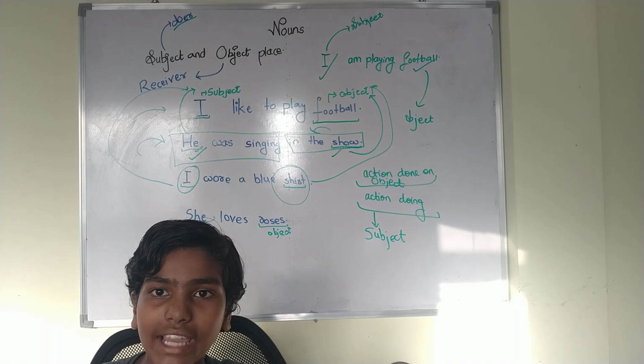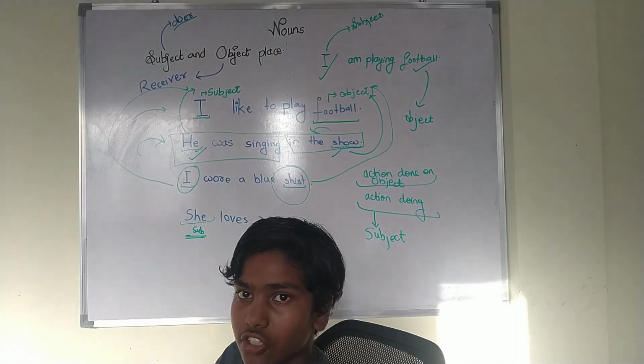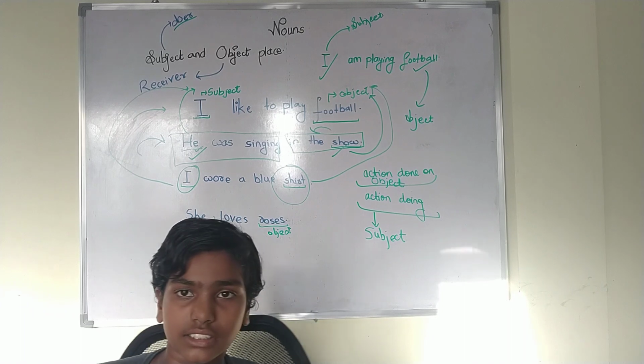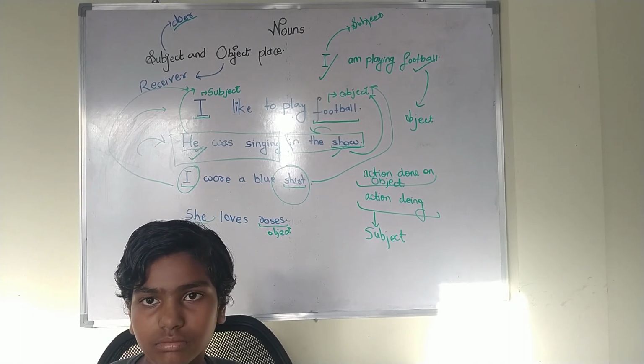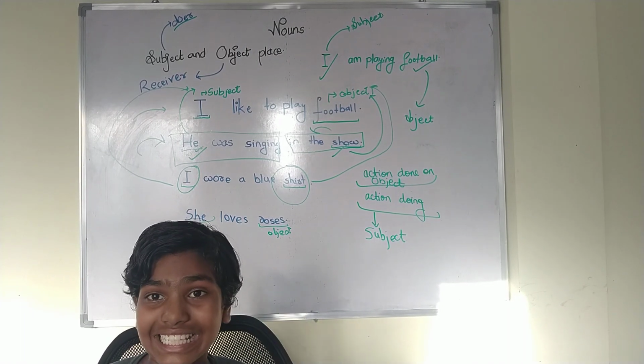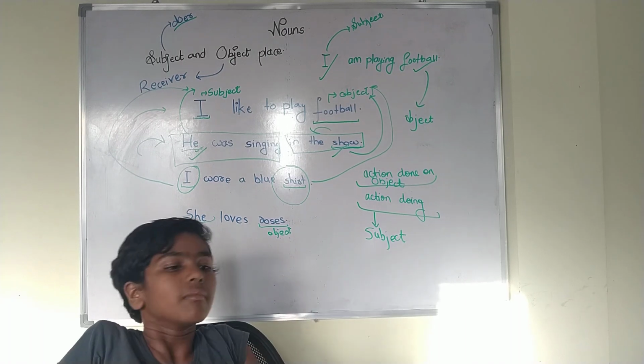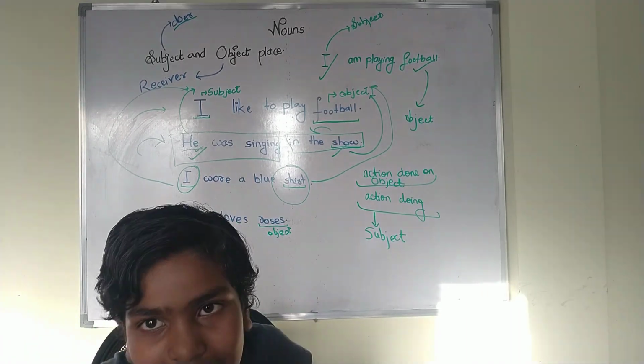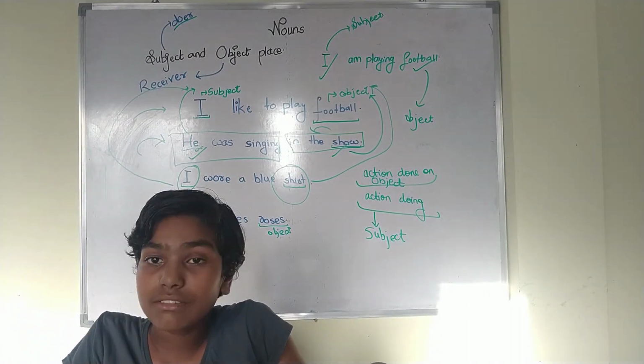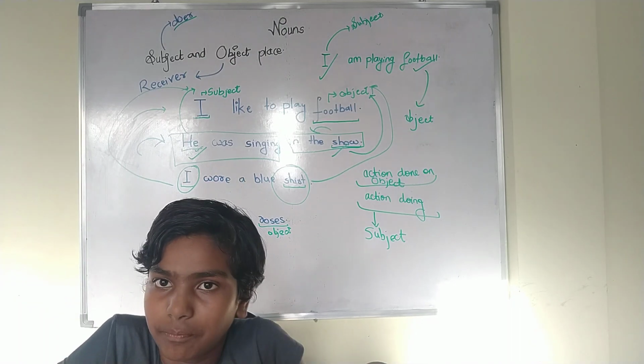Rebecca was crying because Ginger stole her necklace and ran away. So these sentences you have to practice. You can go back in the video and start. And this will make sure that you practice well.